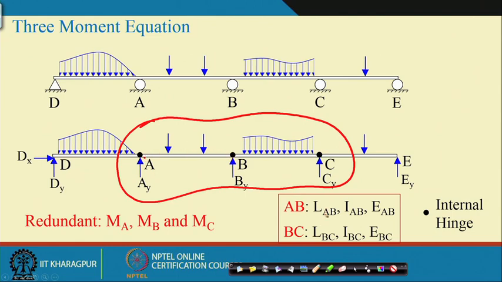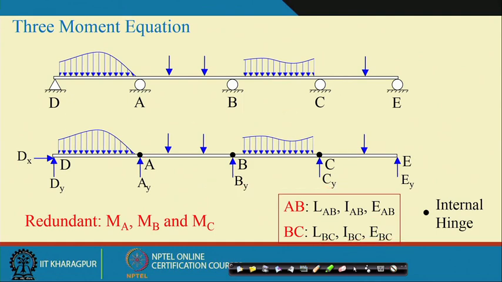Let us take L A B, I A B, E A B as the length, second moment of area of cross section and Young's modulus of A B. Similarly, L B C, I B C and E B C are the length, second moment of area and Young's modulus of B C.